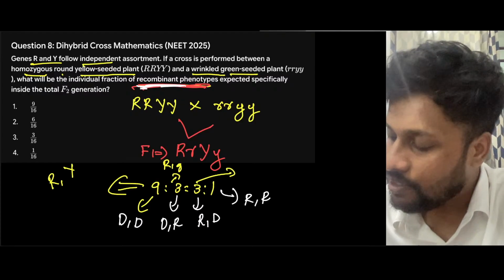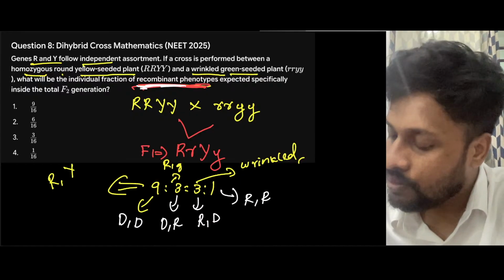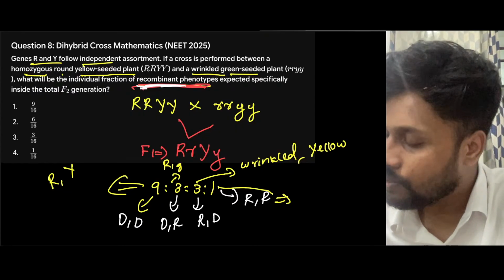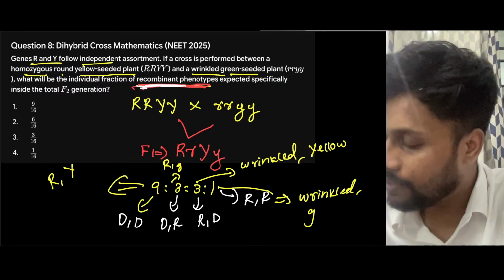Next 3 will be wrinkled yellow. 1 will be wrinkled green.